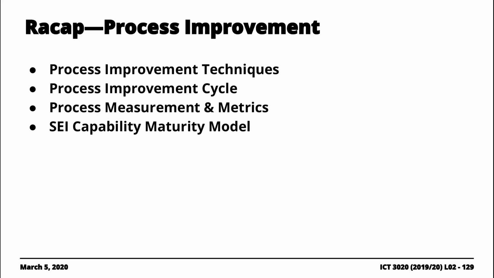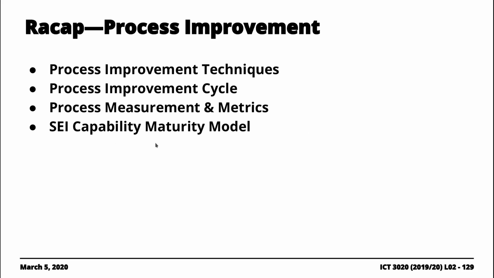So just to recap on process improvement, we looked at 2 main techniques, which is the agile technique and the maturity approach. We briefly glossed over the process improvement cycle, which involves measurement, analysis, and incorporation of change.